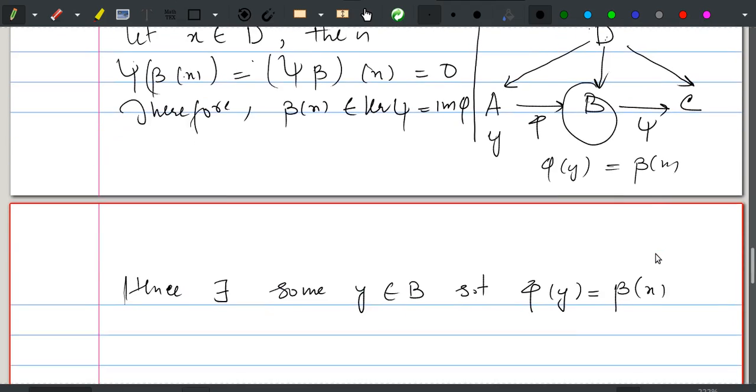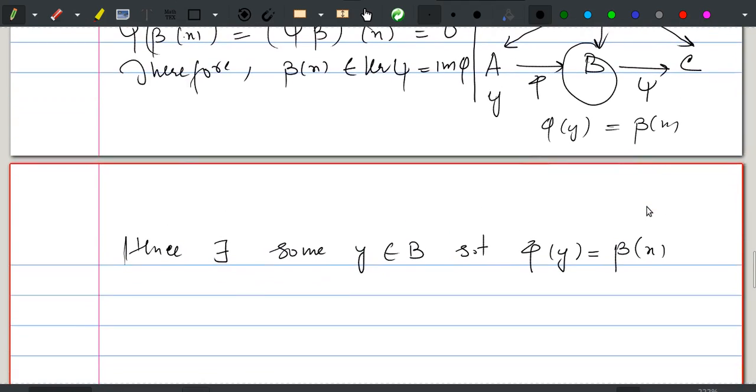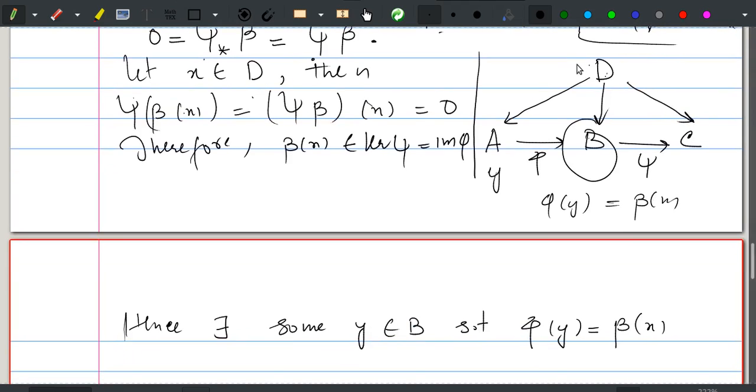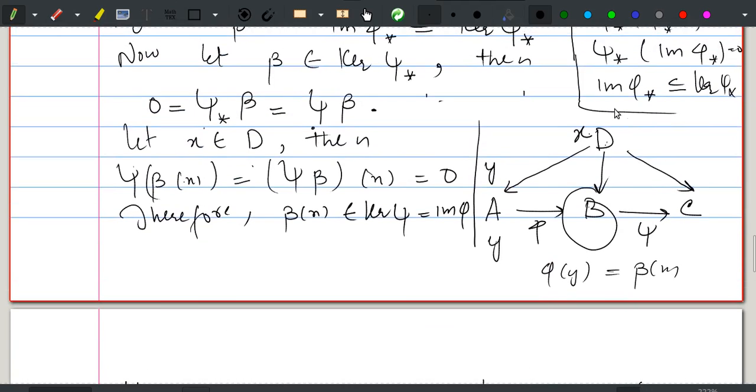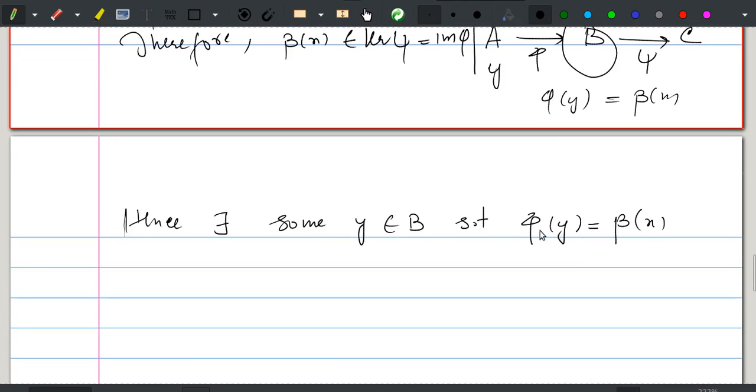Now let us see what we did here. We chose some element x here and we got an element y here. That means there is some map from D to A. Now we have to exhibit that map. By choosing an element x in D, we get an element y in A, which are related by this relation, i.e. phi of y is beta of x.